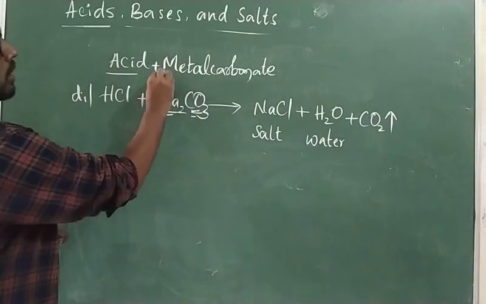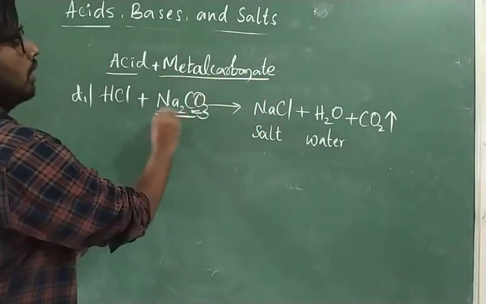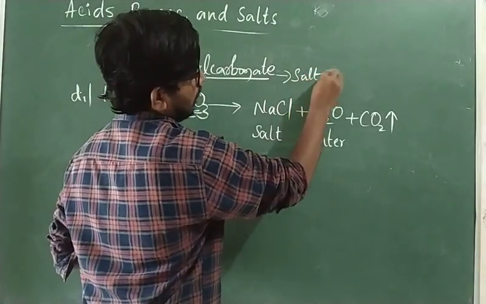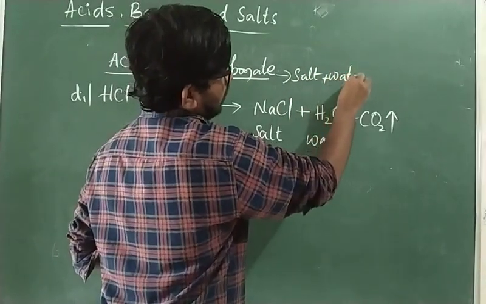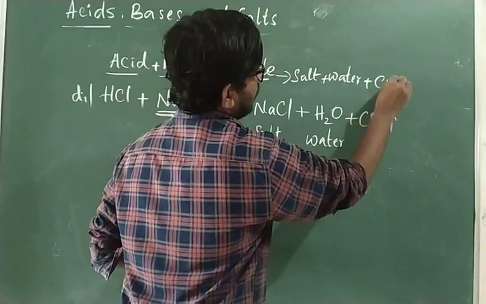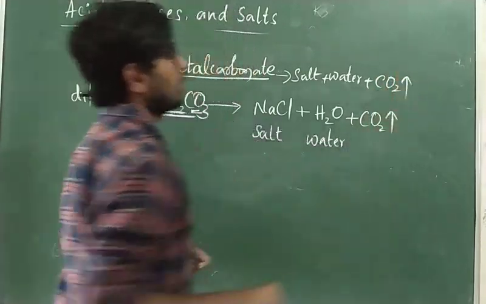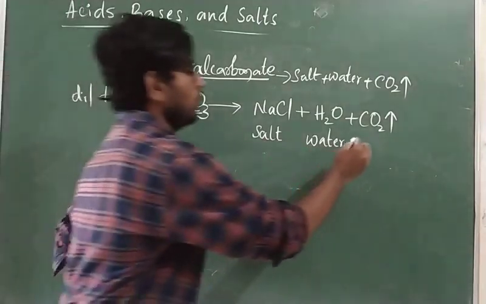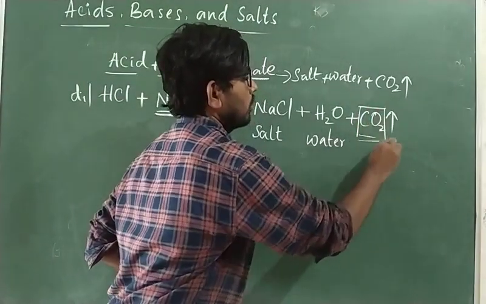So acid plus metal carbonate is going to form salt, water and carbon dioxide. How are we going to verify whether carbon dioxide gas is produced or not?